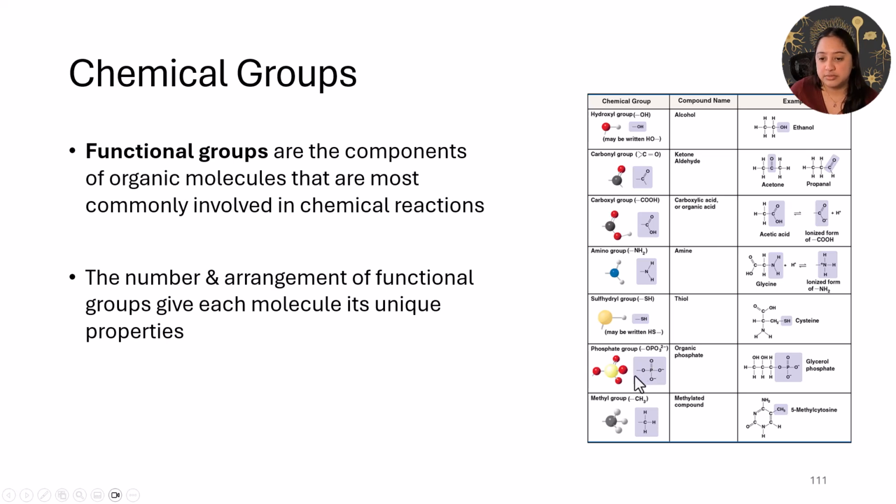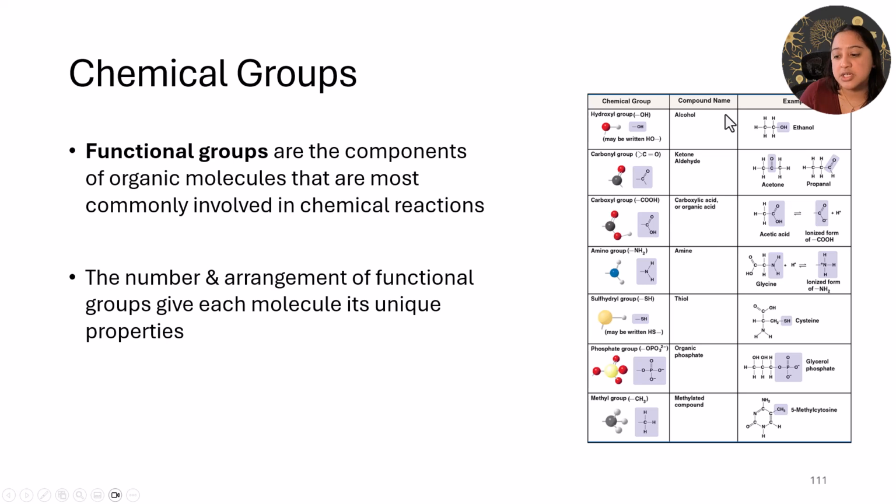Okay, so it's four oxygens, sorry. Oxygen, and then a phosphate, and then three other oxygens, and one of them is a double bond. And then lastly is a methyl group, which is just a carbon and three hydrogens.